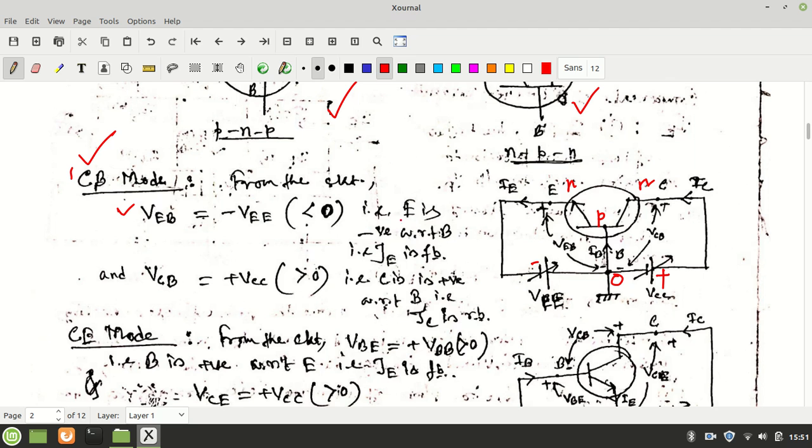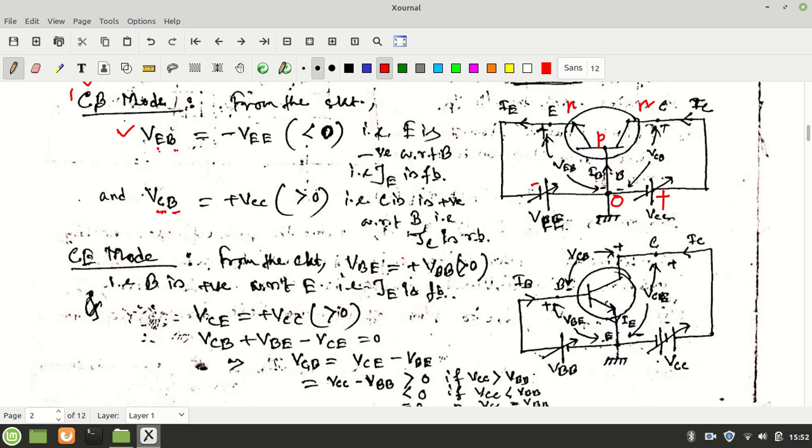So it is negative, VEB negative means the emitter is negative with respect to base, so it is forward biased. And similarly VCB is positive VCC, that is the collector is positive with respect to base, which means that JC, the collector junction, is reverse biased. So for normal operation we have to connect like this in CB mode.